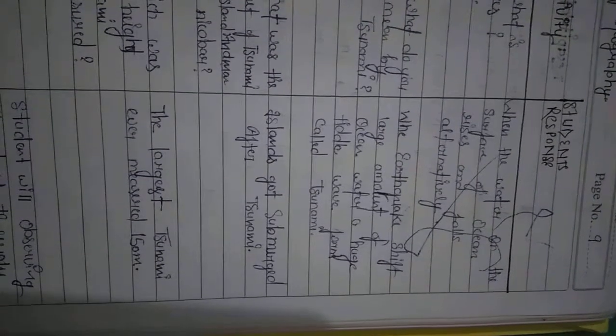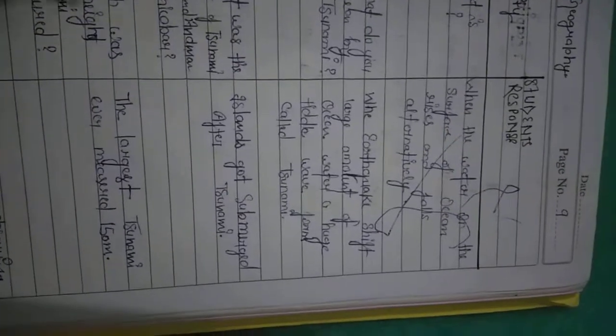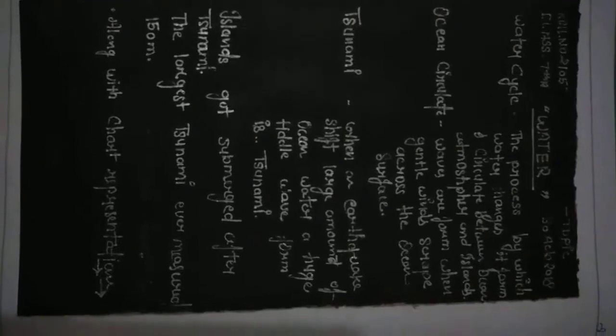What do you mean by tsunami? The earthquake with a large amount of ocean water forms a huge tidal wave called a tsunami. The student will respond, but before that you explain it on your blackboard section.